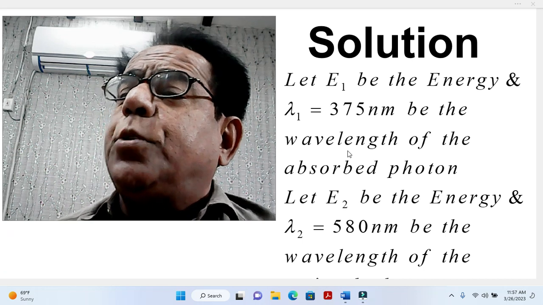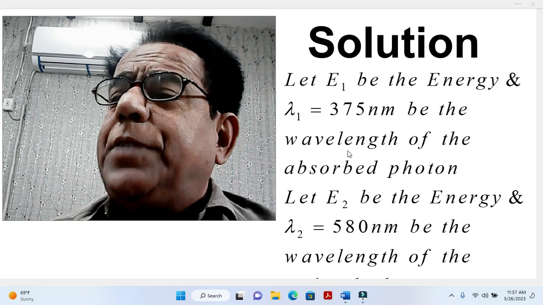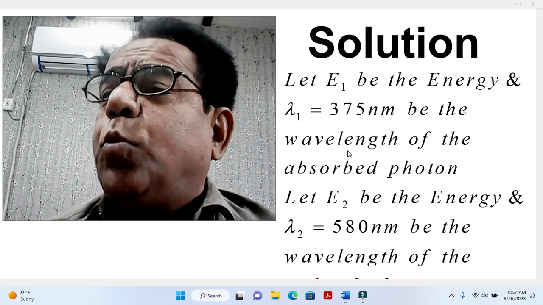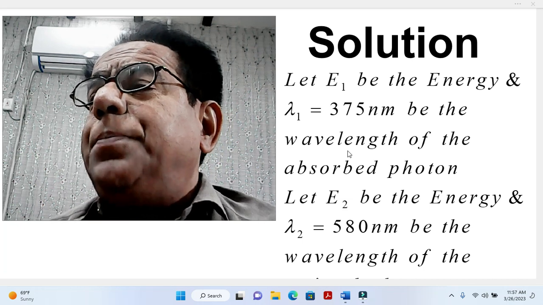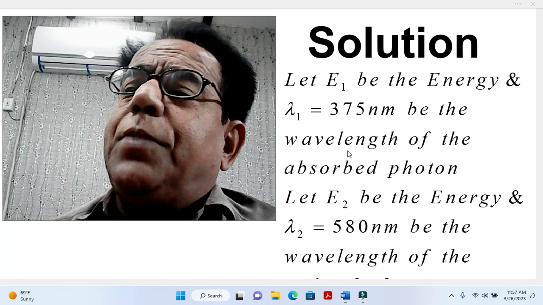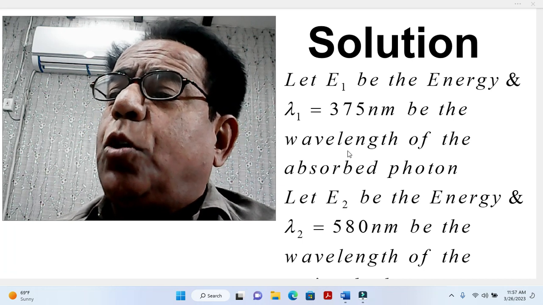One is absorbed photon and the other is emitted photon. First we are considering the absorbed photon.